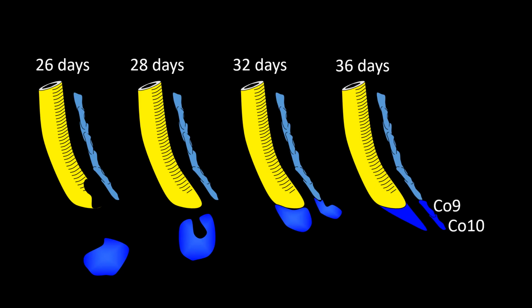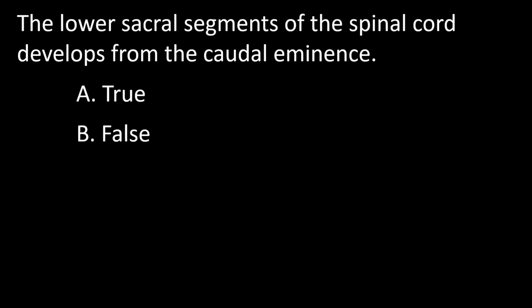By 36 days, the integration of the caudal eminence to the neural tube and the adjacent bony structure is complete. It is from these structures that the lower sacral and coccygeal spinal cord segments arise, as well as the future lower vertebrae in the sacral and coccygeal region. So the answer to this question is true.